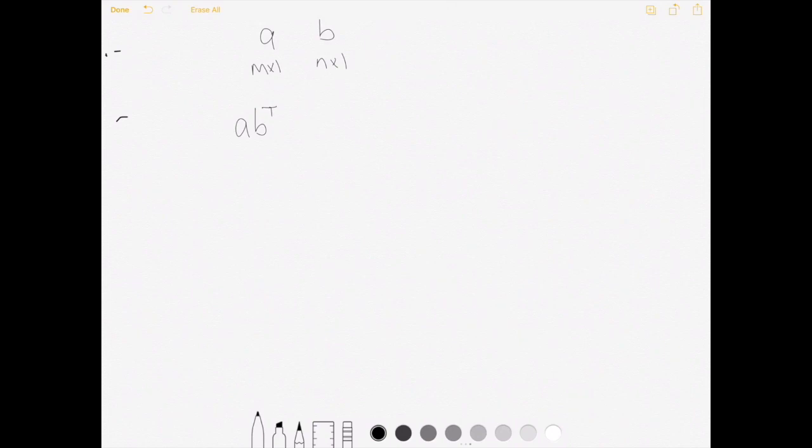So that's going to be m by 1 times 1 by n. If we look at those together, that's going to be m by n. And so the outer product produces an m by n matrix.